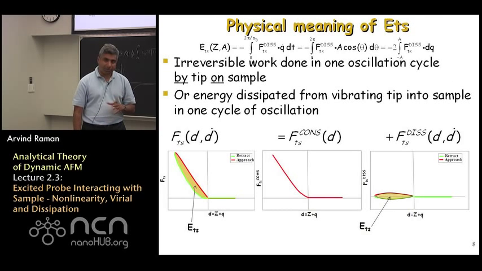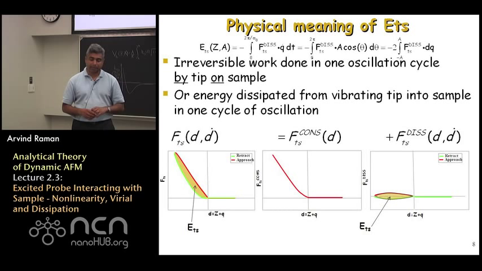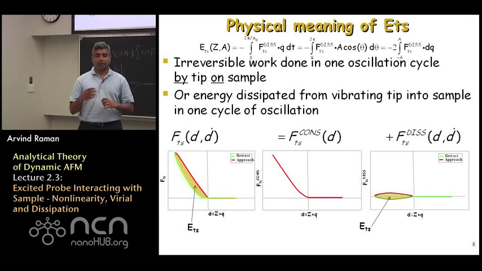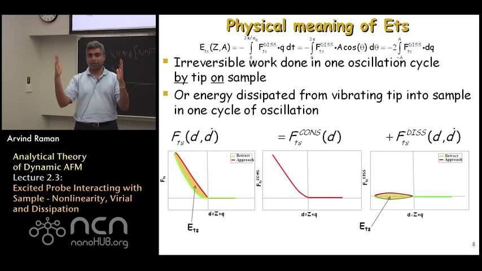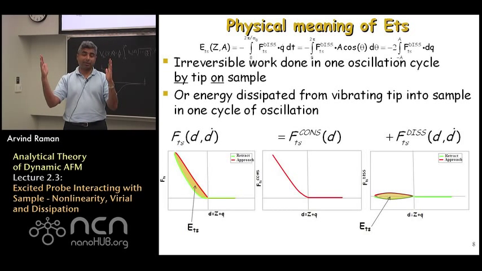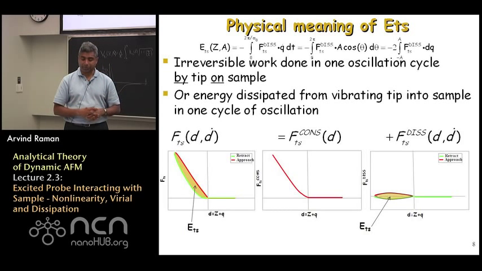So let's go over the physical meaning of E sub ts. As shown at the very top, E sub ts depends on z, which is the distance from the sample, and depends on the oscillation amplitude. If you're at a large z, which is small oscillation amplitude, you don't experience any tip-sample interaction forces, and the energy dissipated is going to be 0.